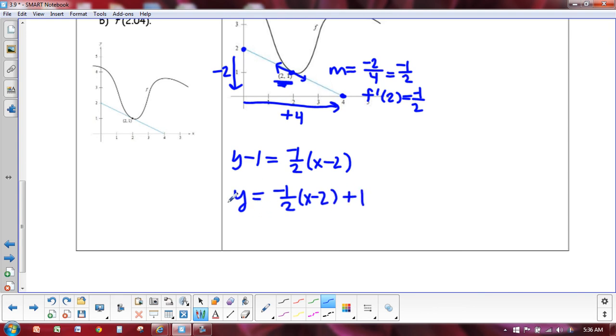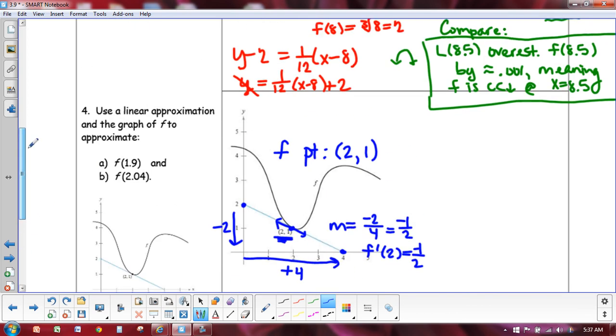So that would be approximately negative a half. And then you need to take 1.9 minus 2, and then you need to add 1. So the 1.9 minus 2, we're down to negative 0.1. I'm going to do fractions if we're without a calculator. So negative 1/10 times negative a half plus 1.